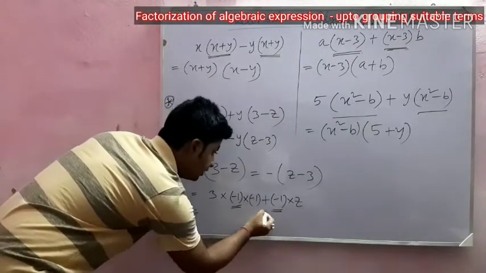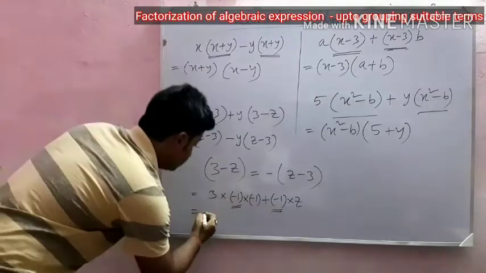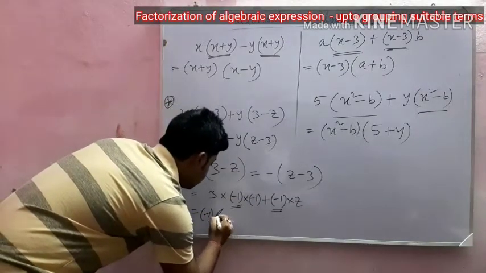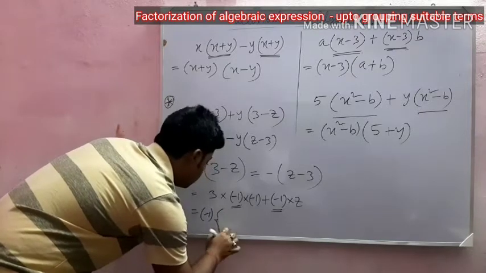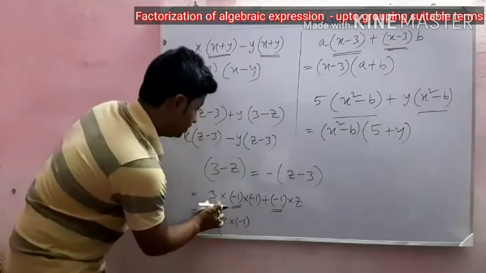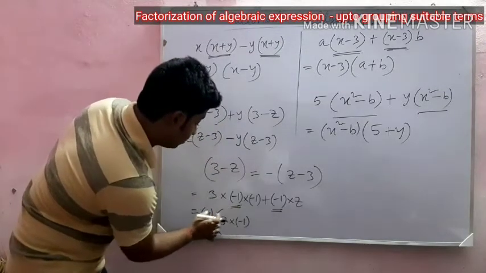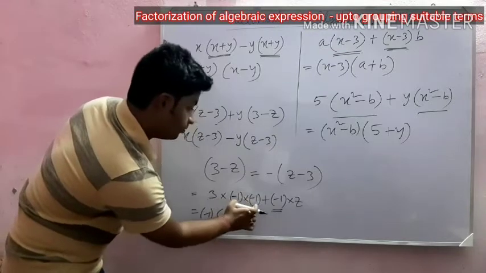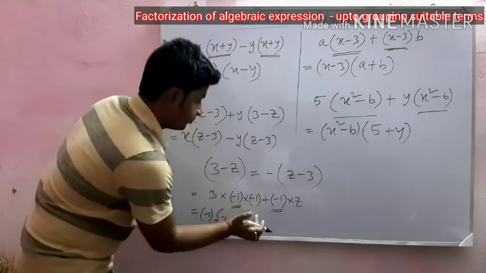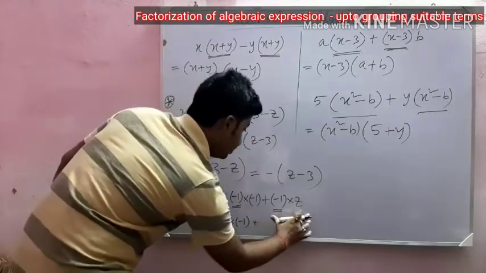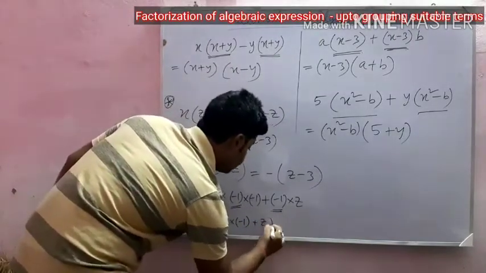Now take common minus 1. This is the only term which I can take as common. Minus 1 into 3 into minus 1. If I take minus 1 outside, the remaining term here is 3 into minus 1, and here, if I take minus 1 outside, the remaining term will be z.